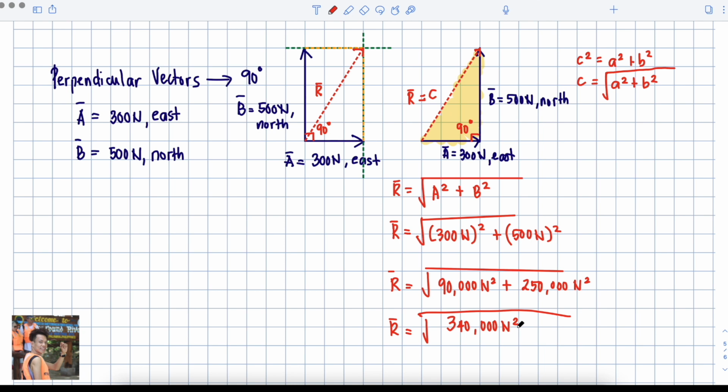Let's take the square root of 340,000 newtons, and that is R equivalent to 583 newtons.